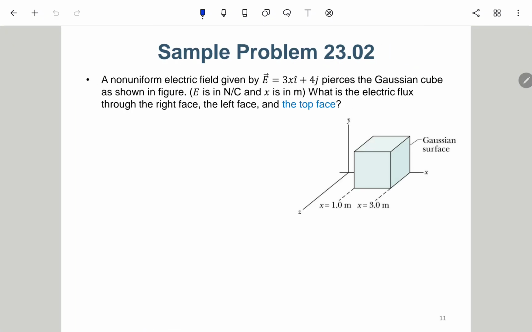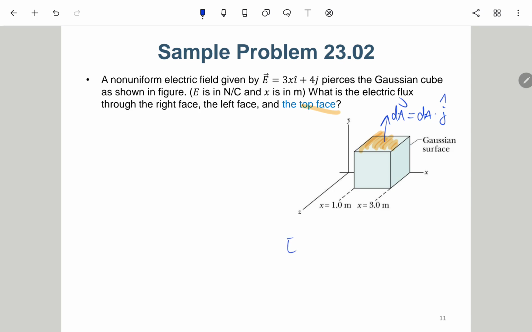For the third part, we consider the top face. For the top face, dA is pointing upward. This is the x-axis, this is the y-axis, and this is dA times j hat, the positive y-axis.